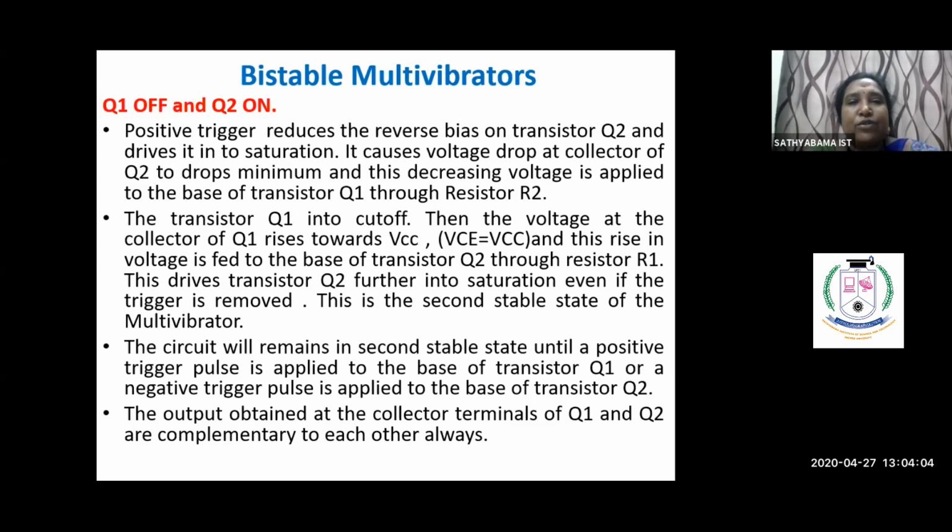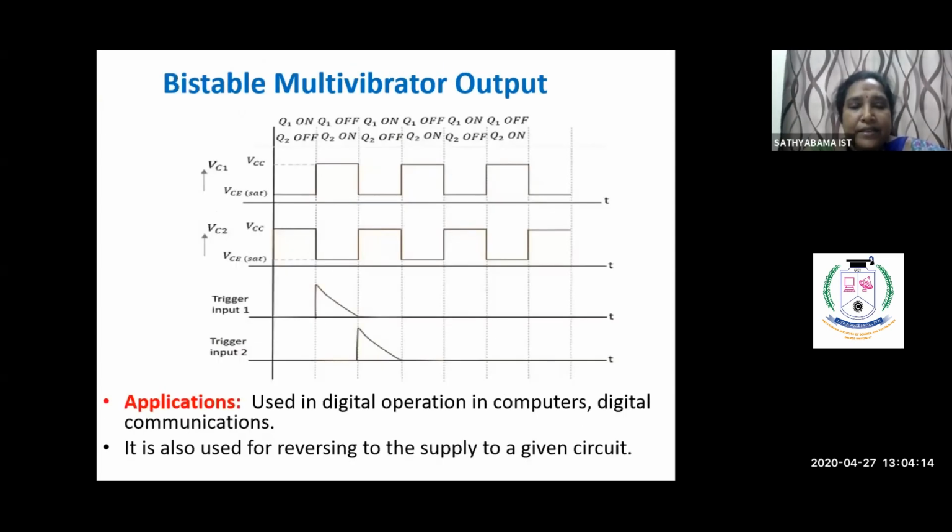In a bistable multivibrator, with the help of two triggering pulses, we can move from one stable state to another stable state. This is the output of the bistable multivibrator. In the first state, Q1 is on and Q2 is off. We want to change the state, so trigger input 1 is given, and Q1 is off and Q2 is on.